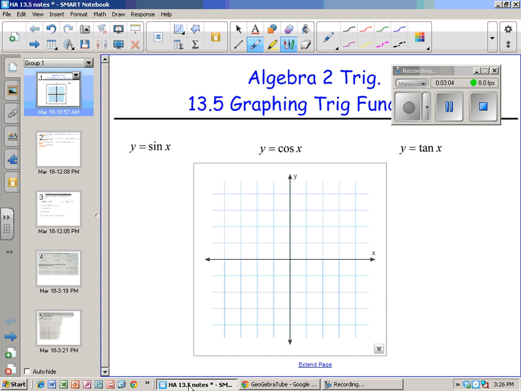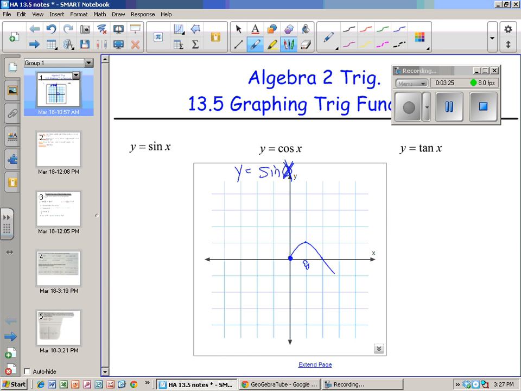All right, the key thing here, the sine function, that's the first one we'll draw, sine of x, not theta, sine of x. The sine function starts at the origin. It goes up to 1 at 90 degrees. It goes back down to 0 at 180 degrees.